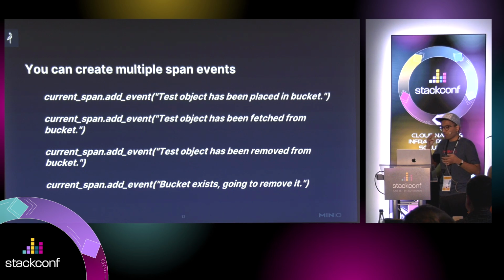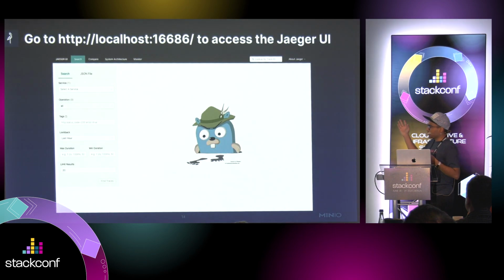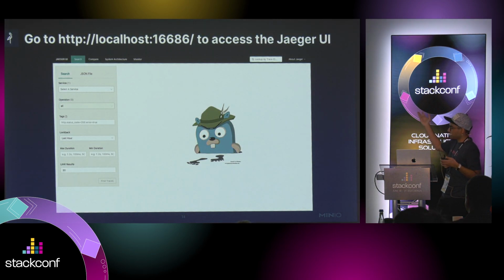The more granular you go, the more information you have. Ultimately, all this is collected in a standardized format, and in this case I'm using Jaeger to export it. Like I said, there are many exporters available, but I use Jaeger.